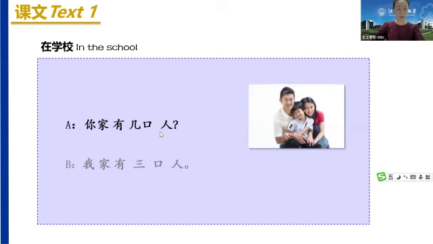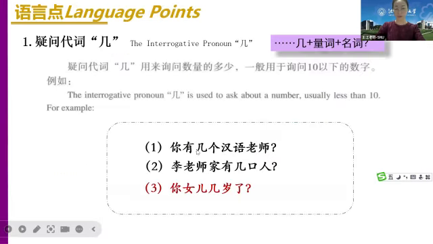Let's review the grammar we have learned in text 1. We have learned the interrogative pronoun 几. 几 is used to ask about a number, and usually the number should be less than 10. For example, 你有几个汉语老师?